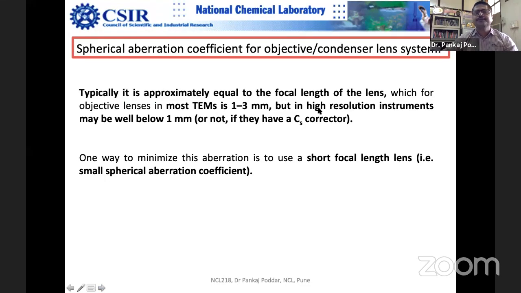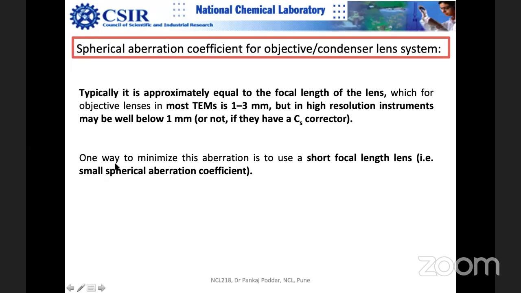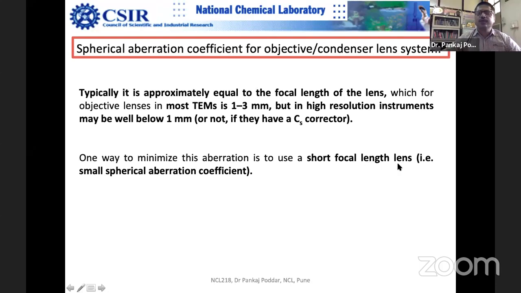In a high resolution instrument, for example a high resolution TEM, this CS value can be lower than 1 millimeter as well. So what you need is basically a shorter focal length objective lens, which is kept very close to the sample.